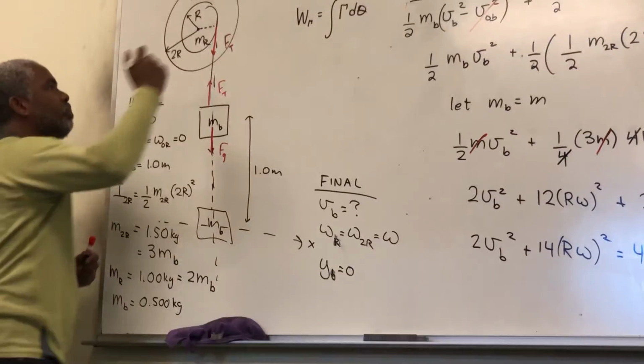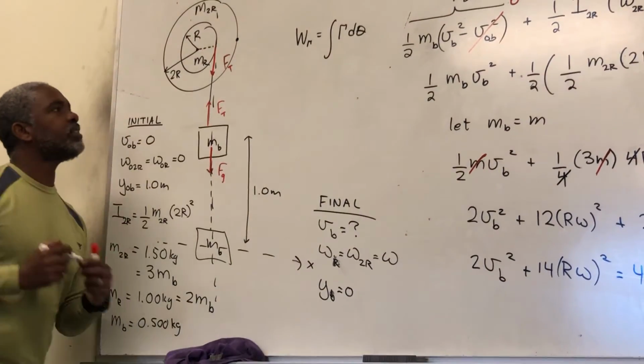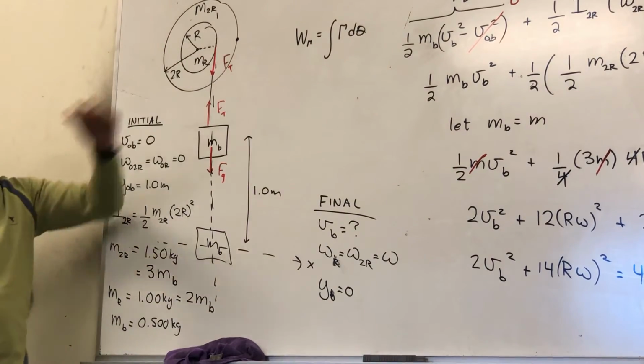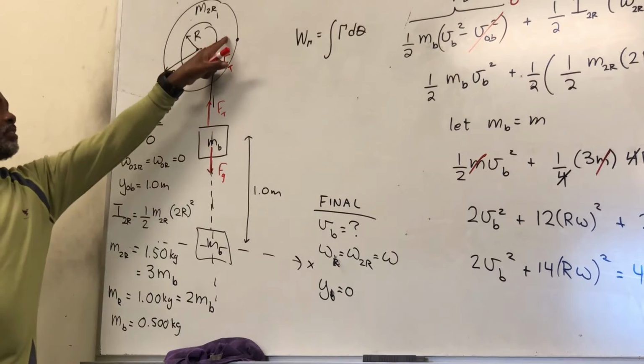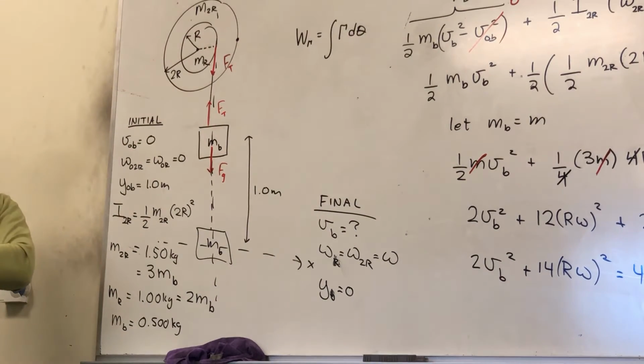But what about this point on the disk? Will this point on the disk have the same speed as this point? No, but it's not attached. The string's not attached. This is attached here. We'll have the same angular velocity. Same angular velocity, but not the same speed. Velocity over the radius. So it's because the radius is higher, it will make up for it.